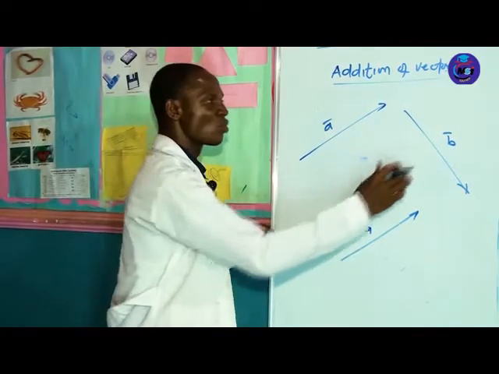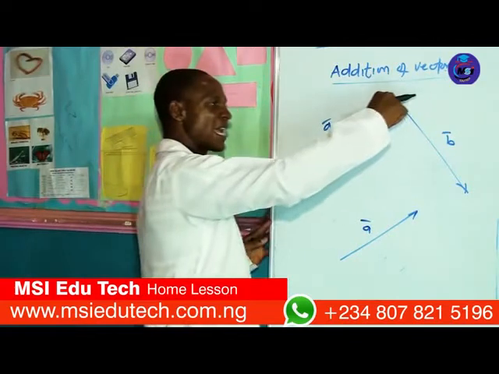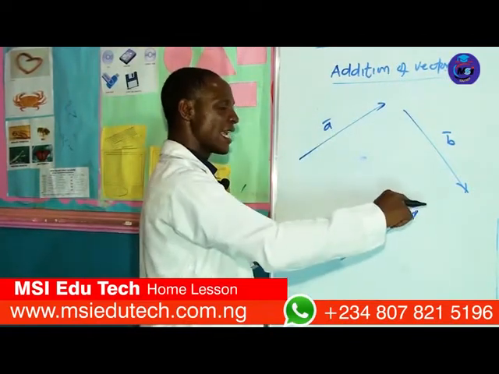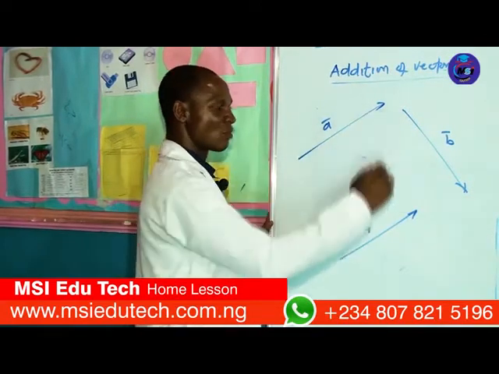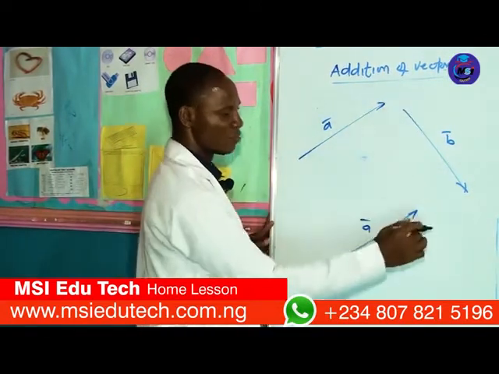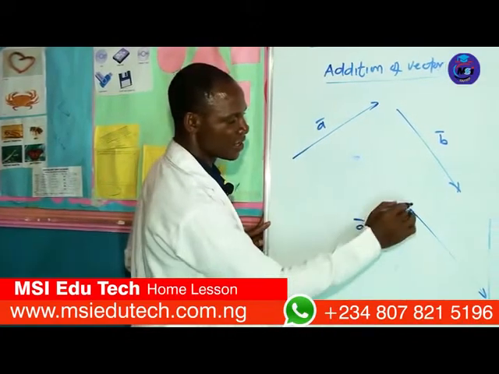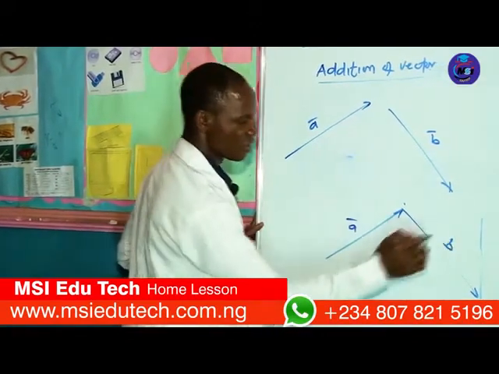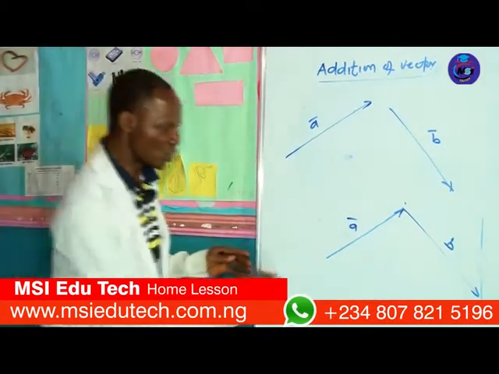To add vector B to it, the tail of vector B will begin from the head of vector A. B will come like this in that same direction. That is the head, and this is the tail of B. So this is vector B. Our resultant must be in vector form, which is this place.